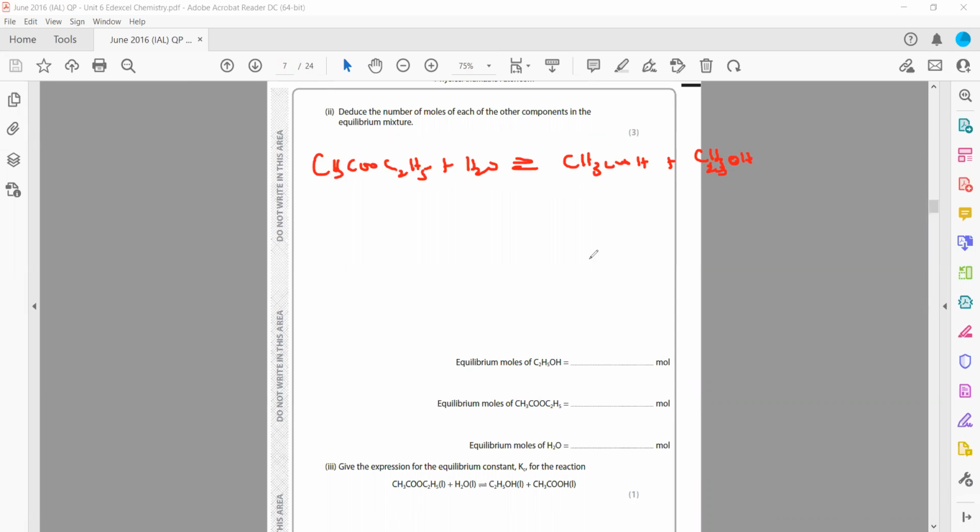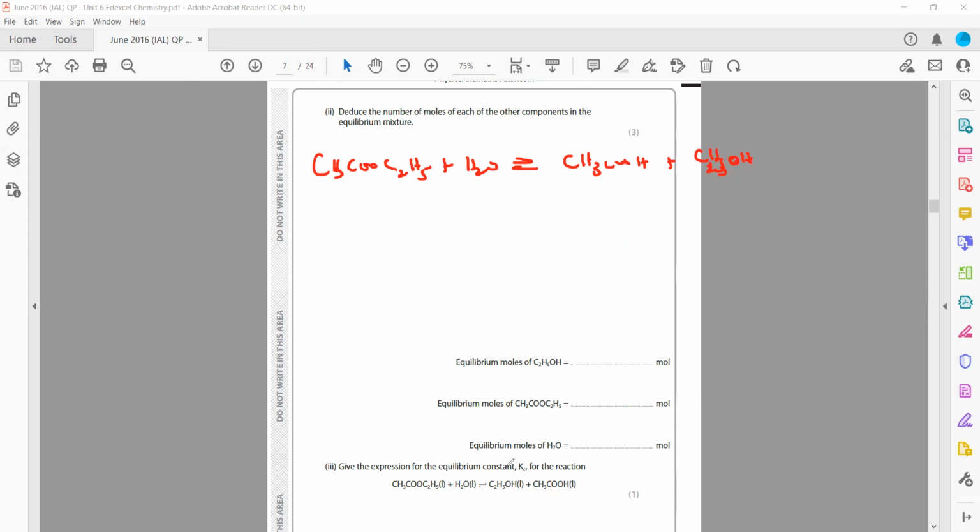So we already worked out the moles of ethanoic acid at equilibrium, which were 0.096. So this was 0.096 at equilibrium.